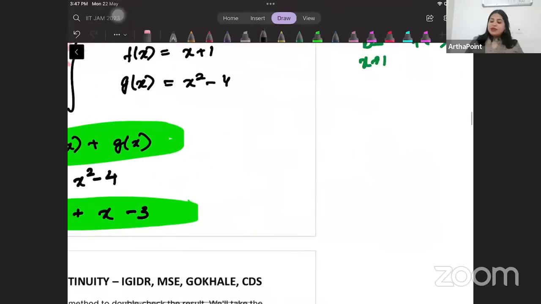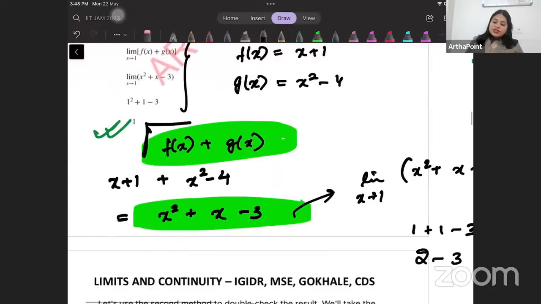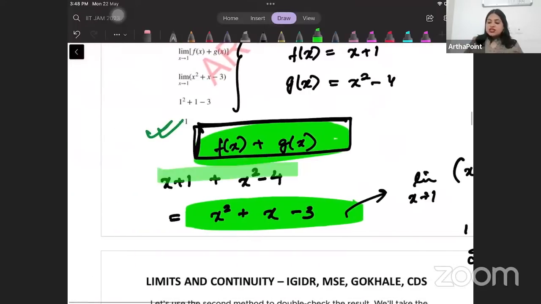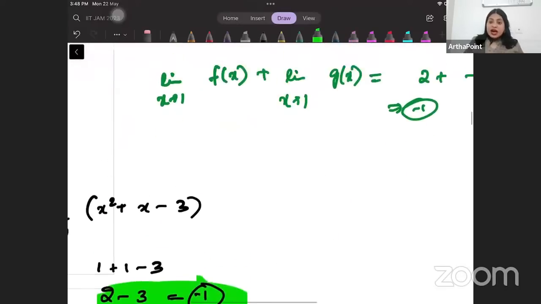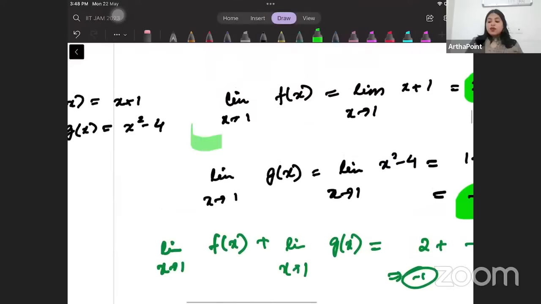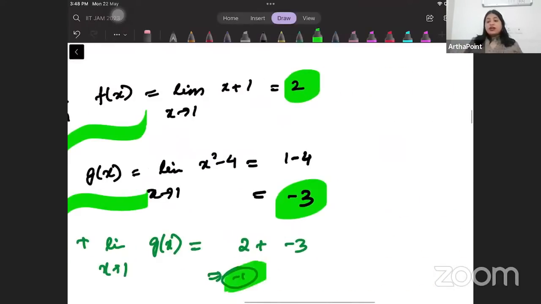Okay. Take its direct limit once. Limit x tends to 1, x square plus x minus 3. So 1 plus 1 minus 3, 2 minus 3, minus 1. So beta, when we do f(x) plus g(x) first and then apply the limit in the end, or we first do it for f(x) separately, g(x) separately, and then add, we get the same answer.